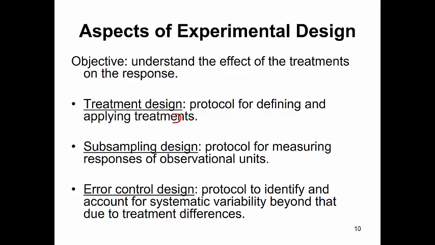It's a protocol to identify and account for systematic variability beyond that due to treatment differences. So our goal is to figure out the treatment design, where we want to know what's the impact of the treatment, but we're going to utilize these error control designs to efficiently understand the impact of the treatment and take into account the variability that can be associated with other factors in the study.